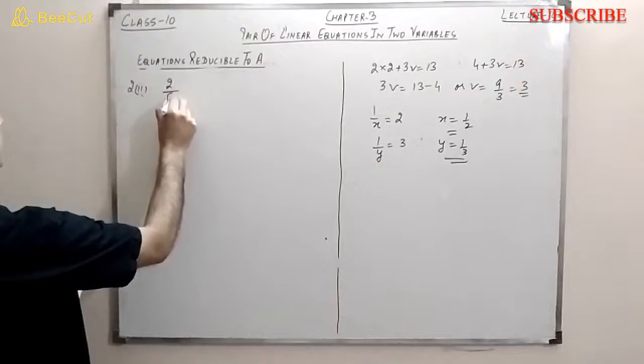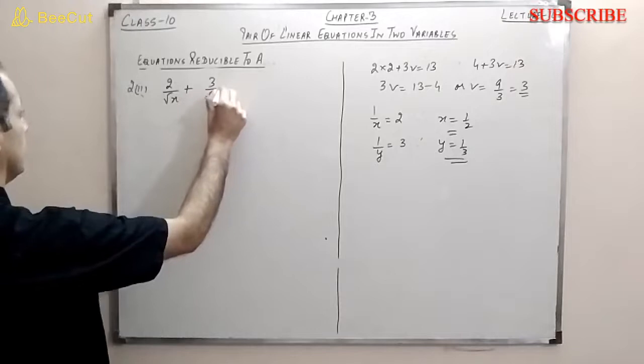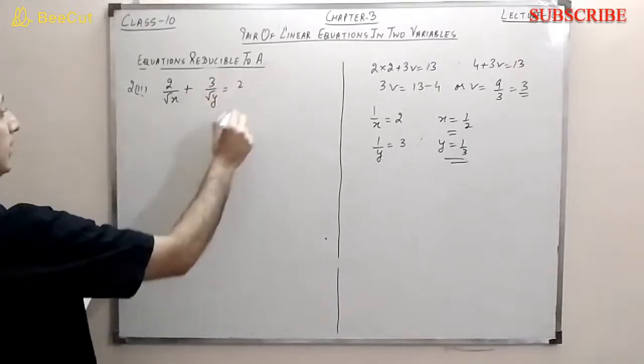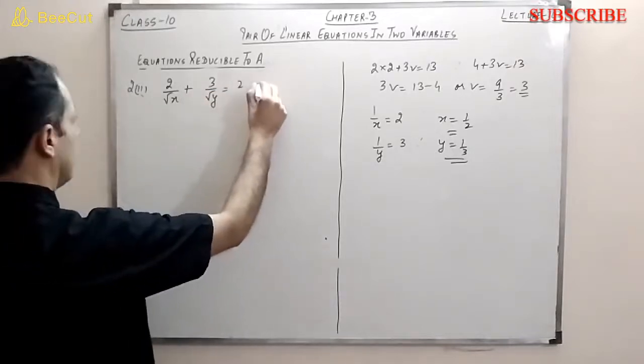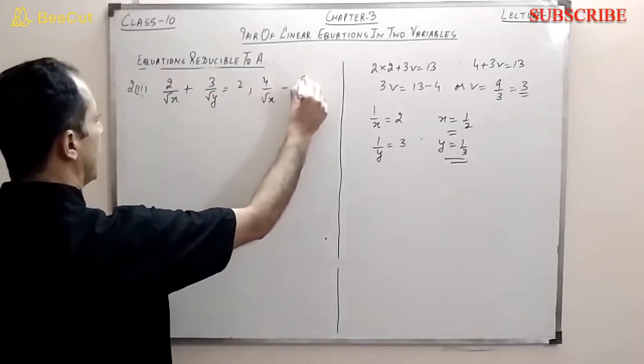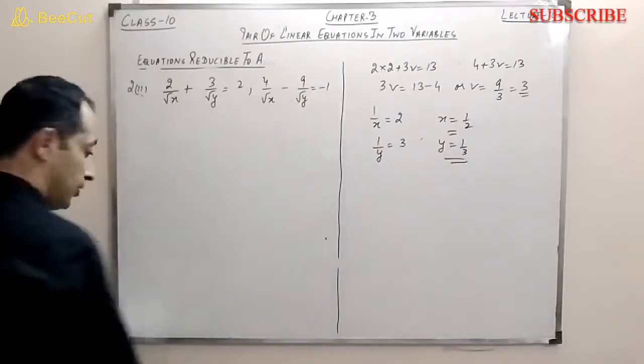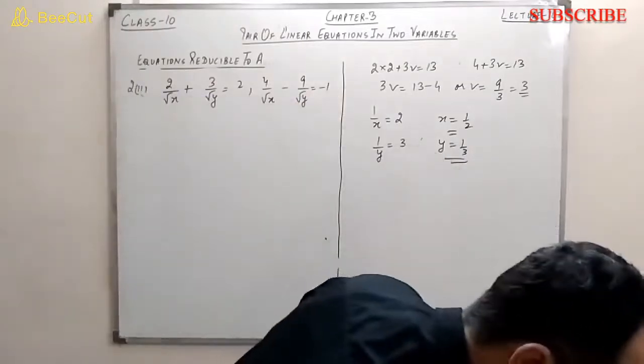And the second equation here, I have 4 by root x minus 9 by root y is equal to minus 1. So this is my second equation.